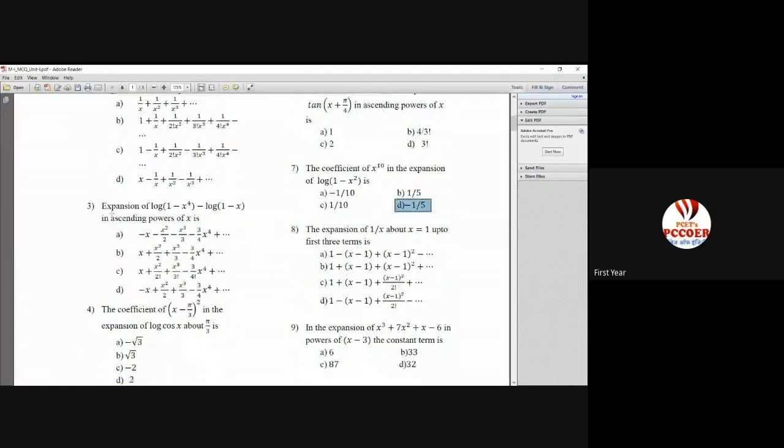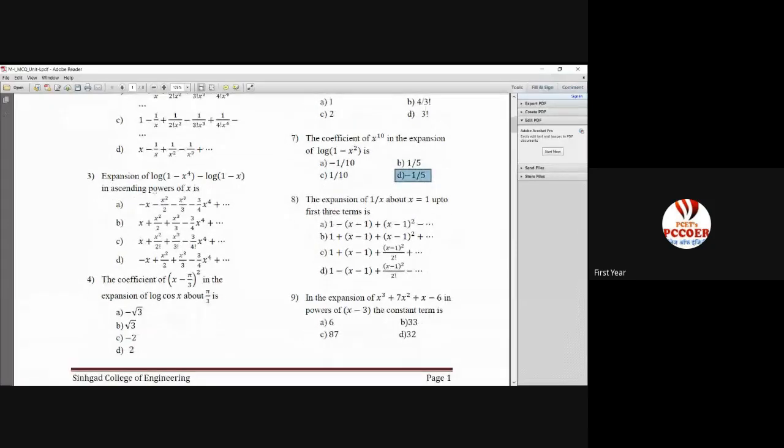Now this question, which is question number 3. Can you see question number 3? Yes, ma'am. What you'll have to do is put x raised to 4 in place of x, and in this one it stays as it is. So rather than writing all the terms, you know the expansion of log of 1 minus x, all negative terms.